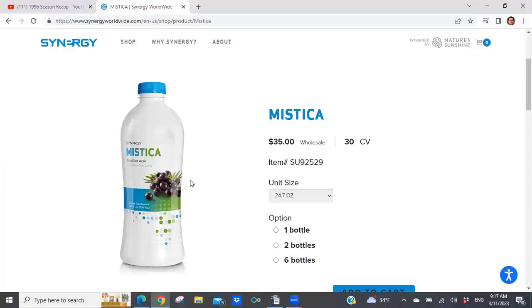It's part of my recovery program for the health issues that I'm going through, because I have swallowing issues with water, and I can't take my supplements with water anymore because I will aspirate. So I use Mistica, because it's a thick liquid, and a thick liquid I have no problem swallowing.